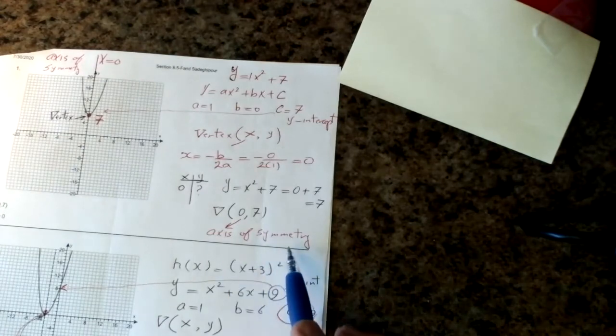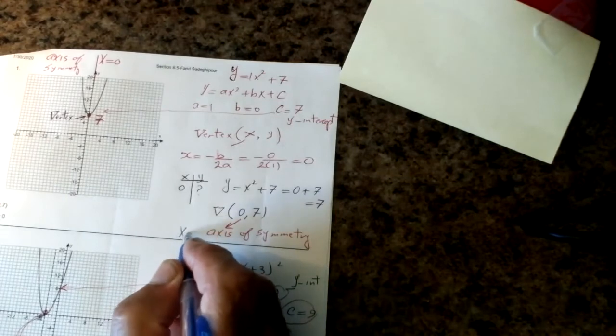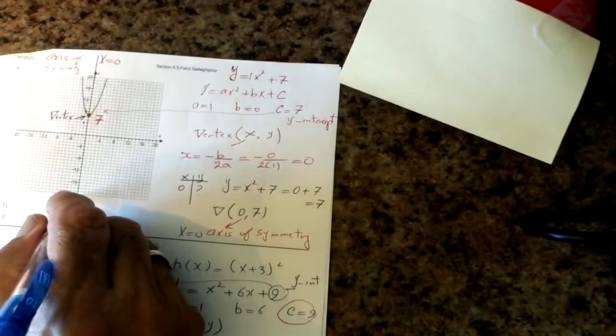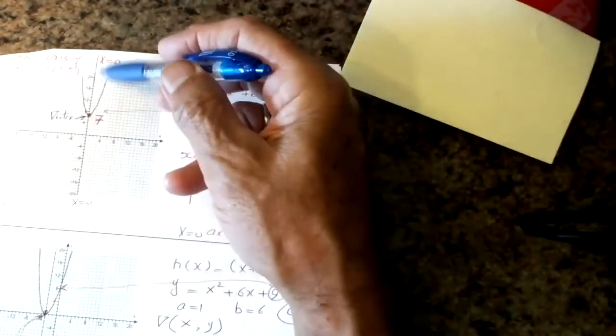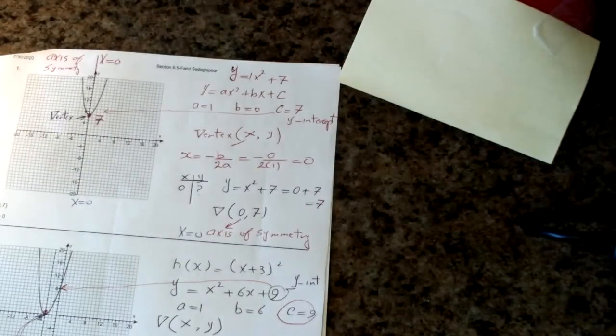So the axis of symmetry is x equals 0. X equals 0 happens to be the y-axis. This y-axis happens to be the line of symmetry. The equation is x equals 0.